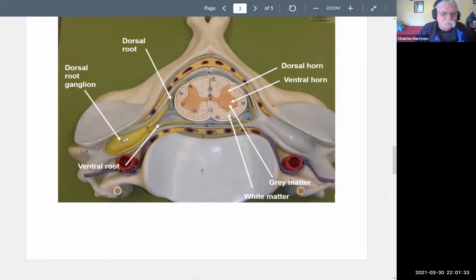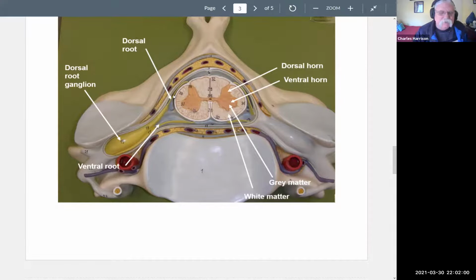And the impulses are going inward. And this portion here, which is thinner at the end of the arrow, is the dorsal root. The dorsal root is what we call afferent. Afferent, you've had the word before in the kidney.